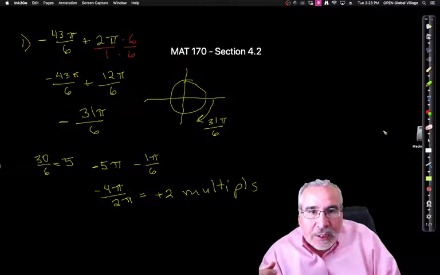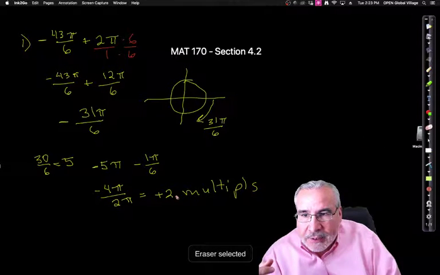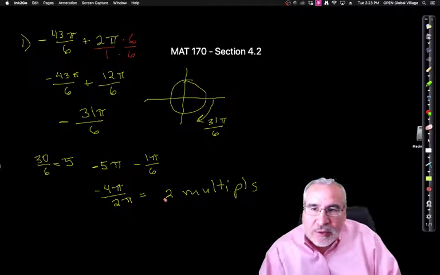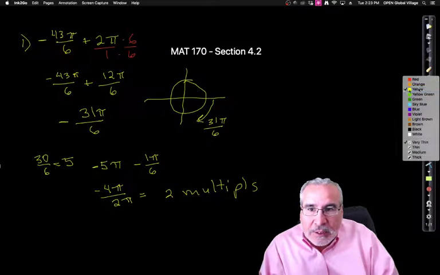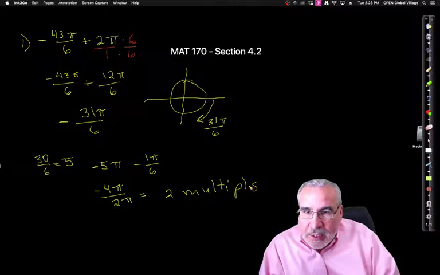I think we could get by without the negative sign here. The negative sign, remember, is giving us direction, but it's 2 multiples of 2 pi. So that's that one. What does that mean? Well, we still have 1 pi left over and negative 1/6.